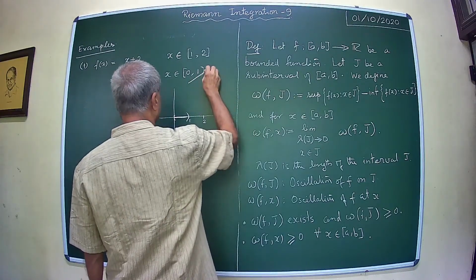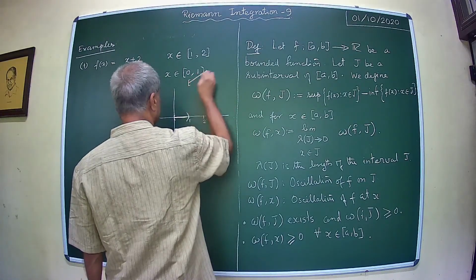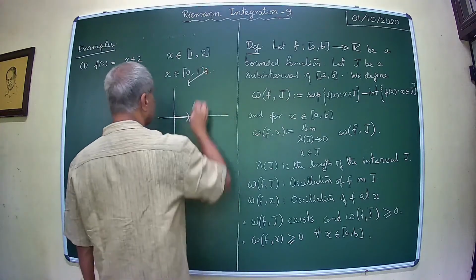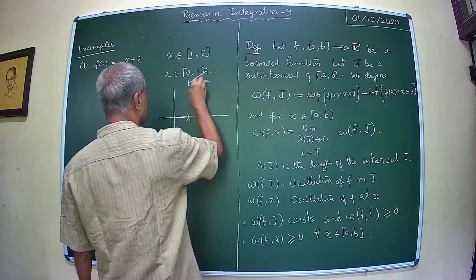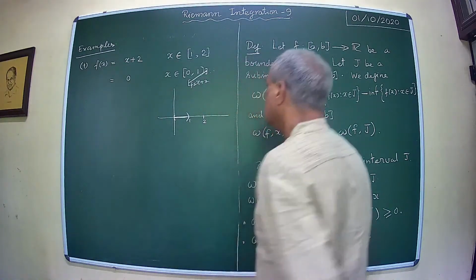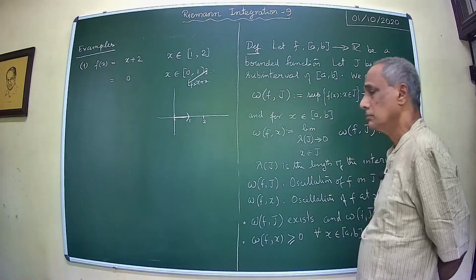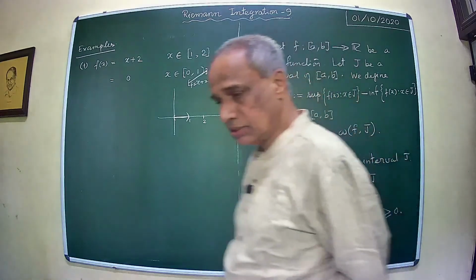This is the graph. Now what happens to this function?